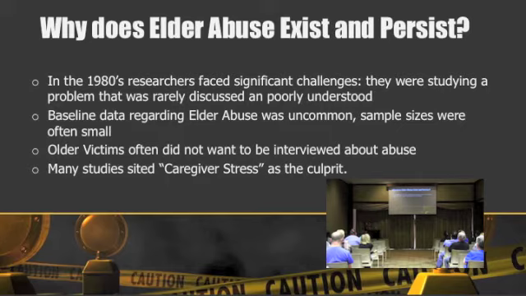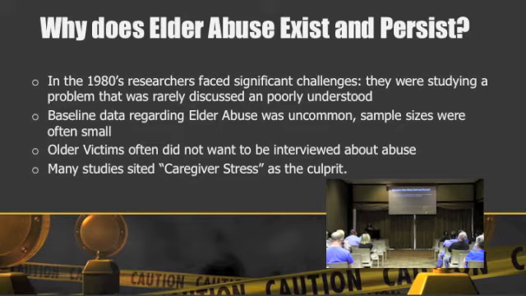In the 1980s, researchers faced significant challenges. They were trying to study a problem that was rarely discussed and very poorly understood. Baseline data on elder abuse was uncommon, the sample sizes were often small, and quite honestly, older abuse victims didn't want to be interviewed about abuse. That's their daughter or their son or their grandchild or someone that they care for and love that's abusing them.